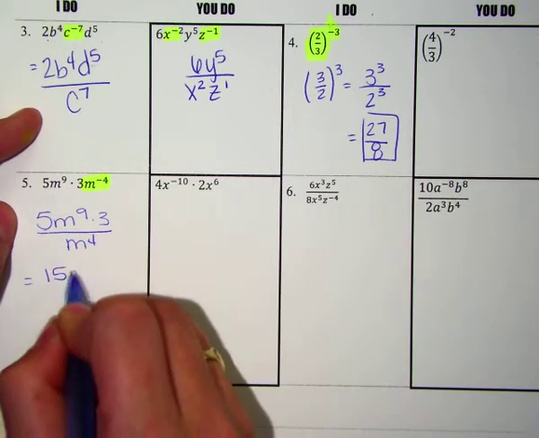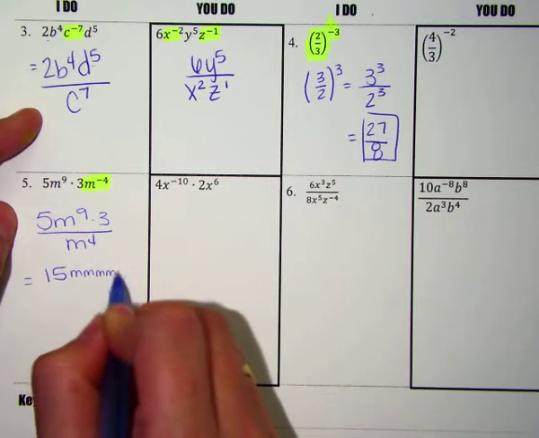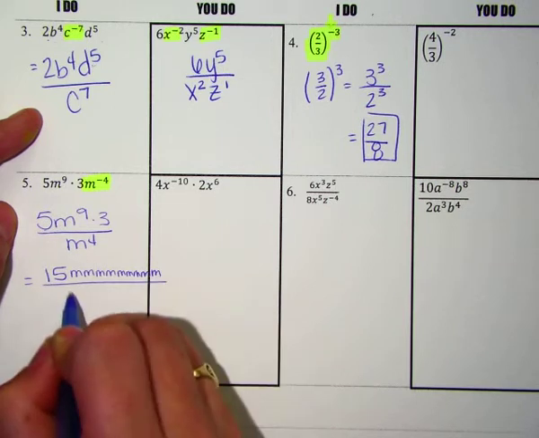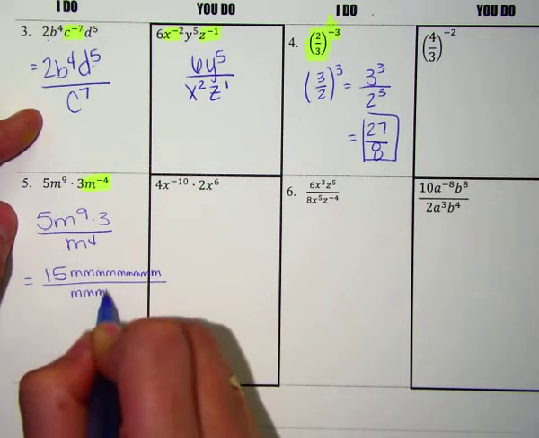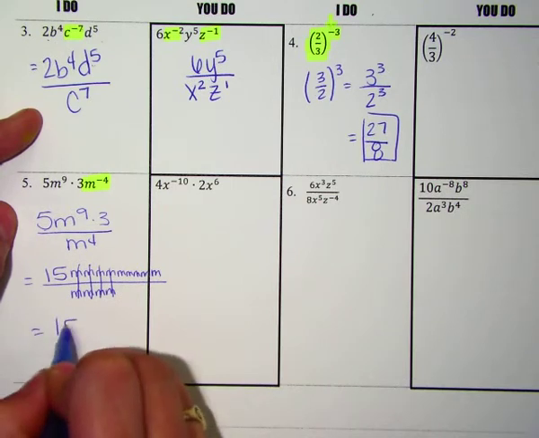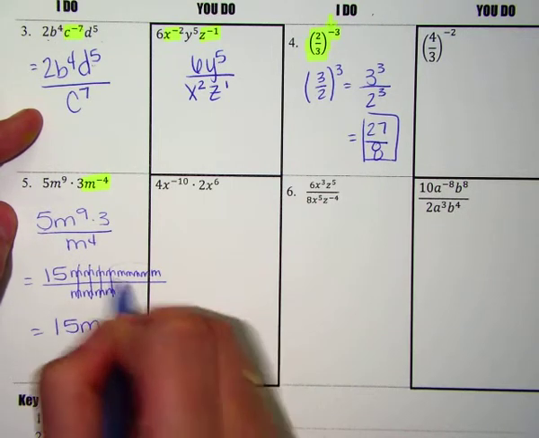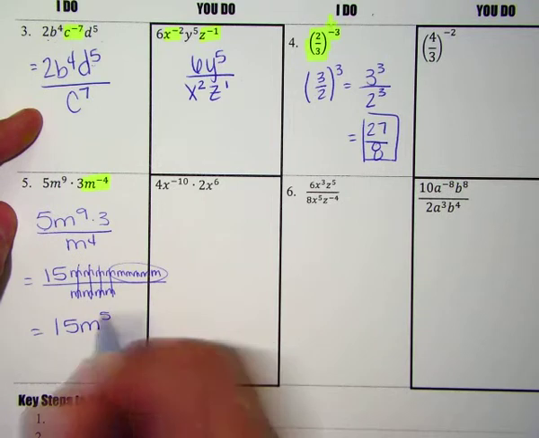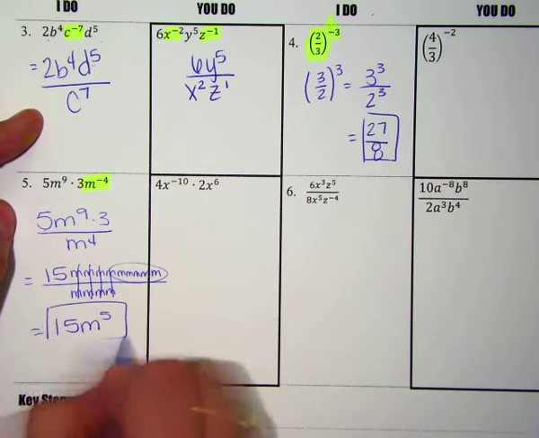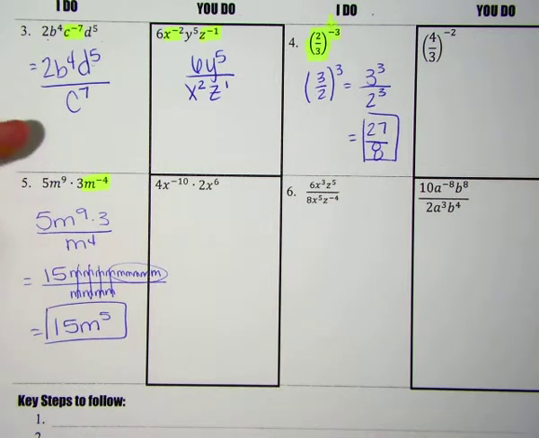M to the 9th over m to the 4th. Anything over itself is 1. I'm left with 15 m to the, sorry, m to the 5th power. Do the next one on your own.